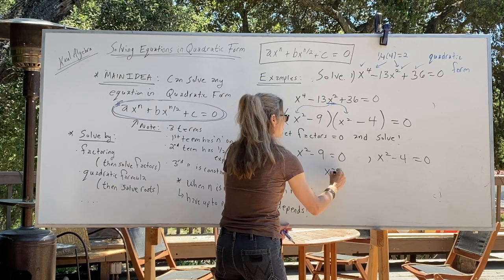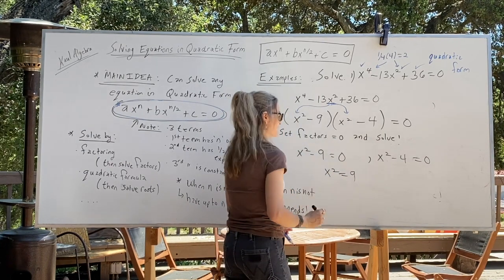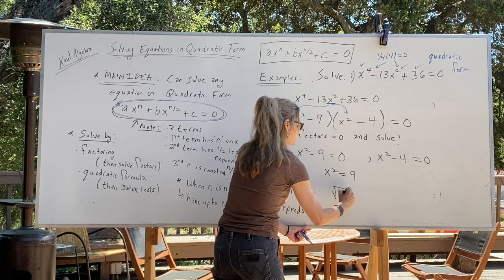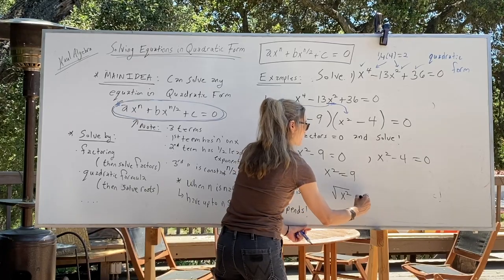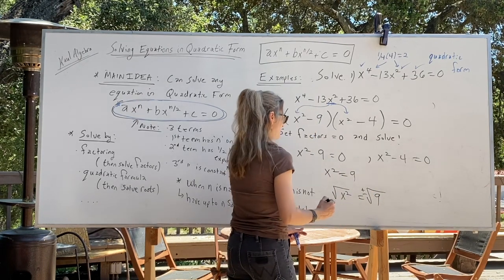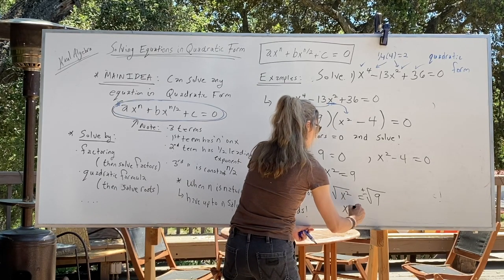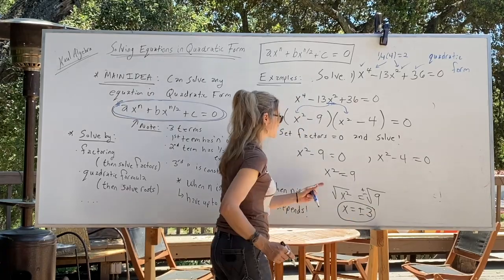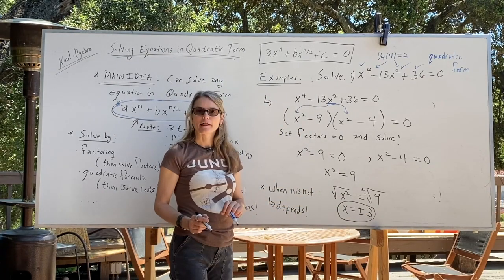So I say x squared equals 9. And to solve this one, I use my square root property. So I take the square root of the x squared, I take the square root of the 9, gives me a plus or minus, and I get x equals plus or minus 3. Okay, so I get two solutions out of that factor.